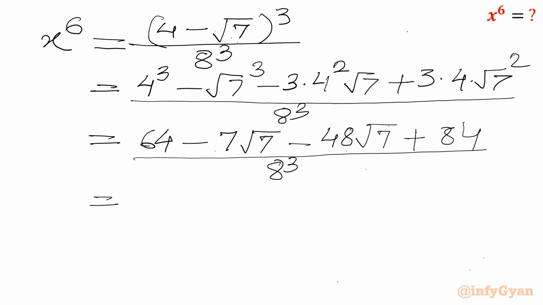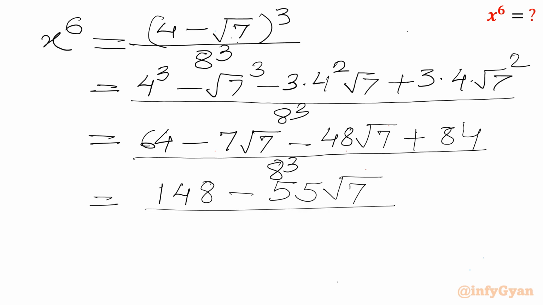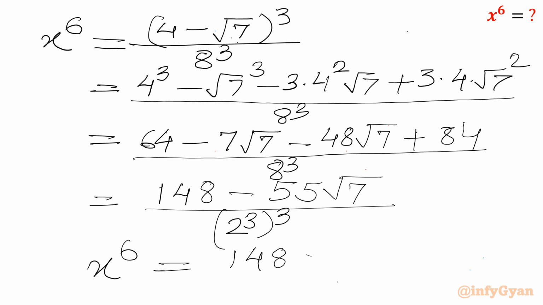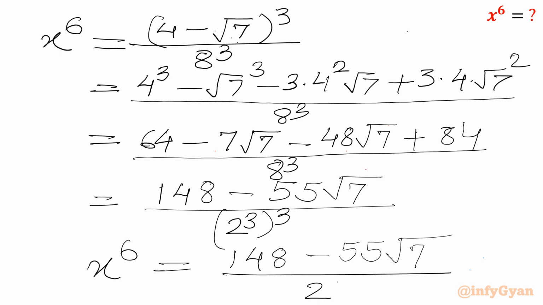So the value will be 148 minus 7 plus 48, 55 square root 7 over 8, we can write 2 cube whole cube. So our answer is ready. X power 6 equal to 148 minus 55 square root 7 divided by 2 power 9.